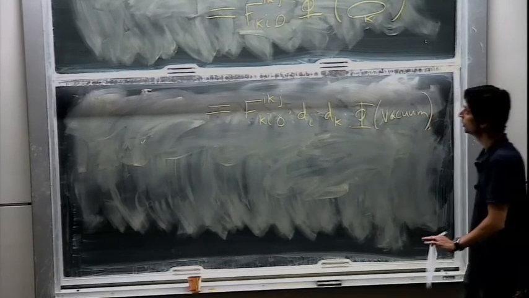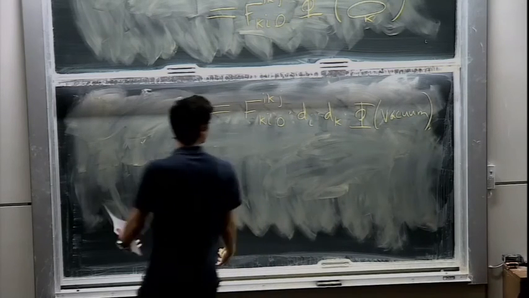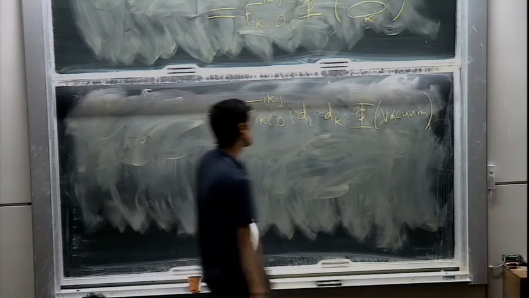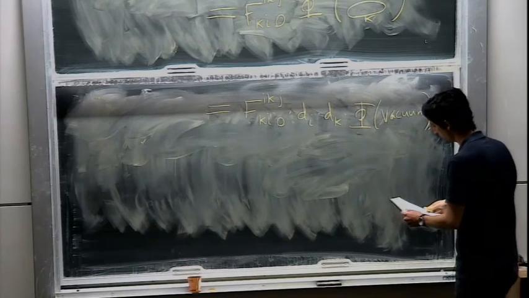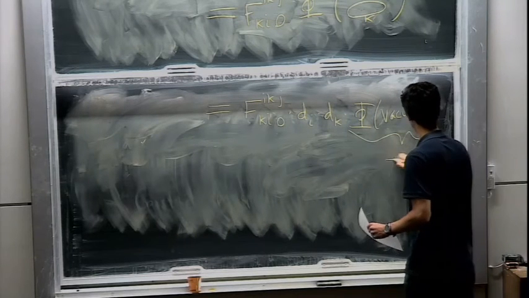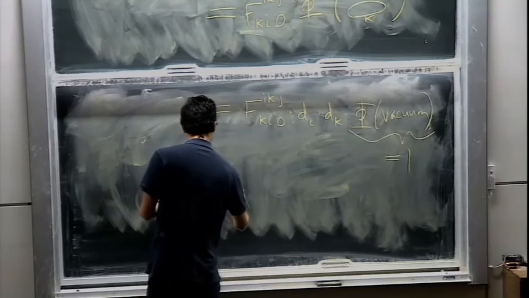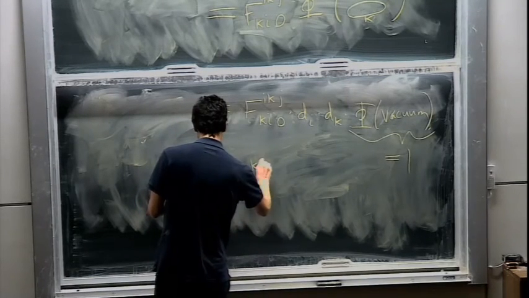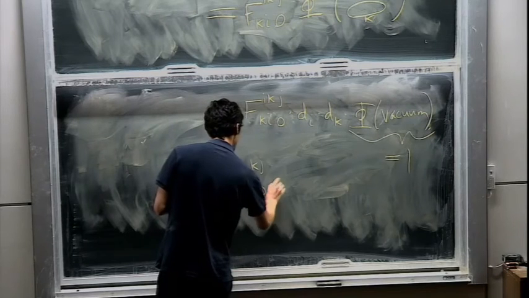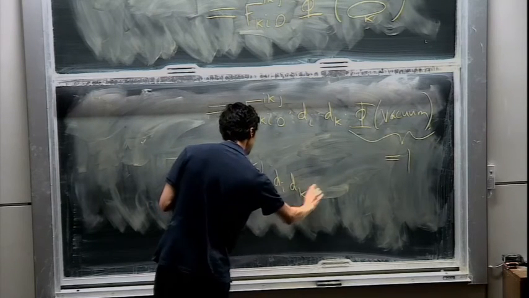Now by convention, it's just a normalization convention, we'll define the wave function evaluated on the vacuum state to be 1. So altogether, we've computed the amplitude. It's F_IKJ KI0 times d_i d_k.